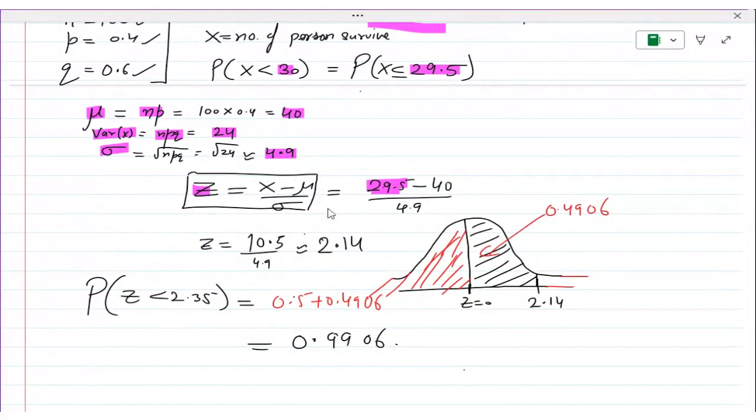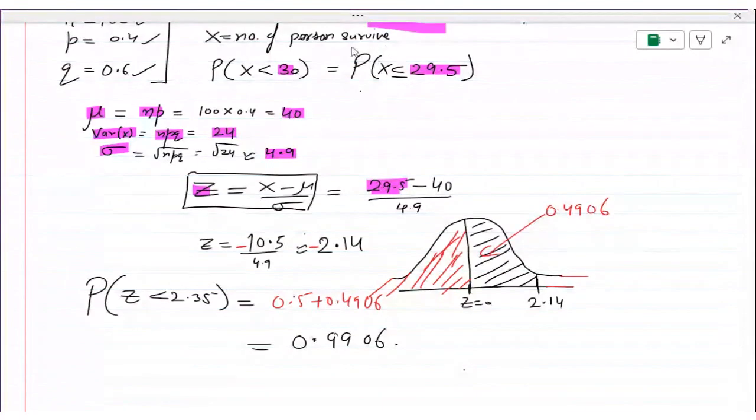Okay, negative. It will be negative, right? Because bigger number is there. So these are the same mistakes you can do in the exam. So avoid these mistakes. Okay.